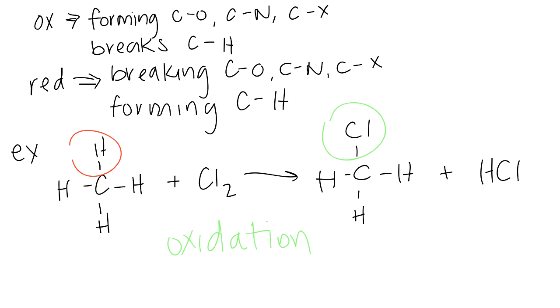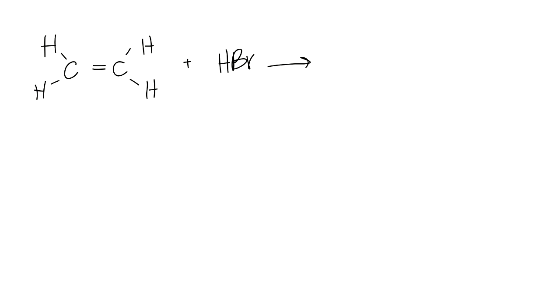But if we look at this other example, we could have something like this carbon, ethylene, and we add something like HBr, and we make an alkyl halide.